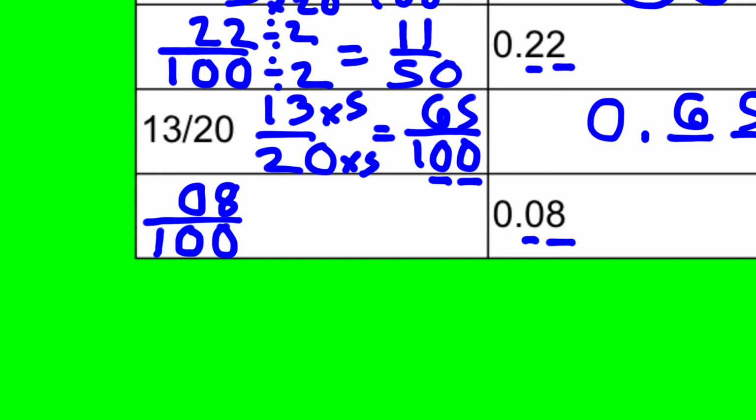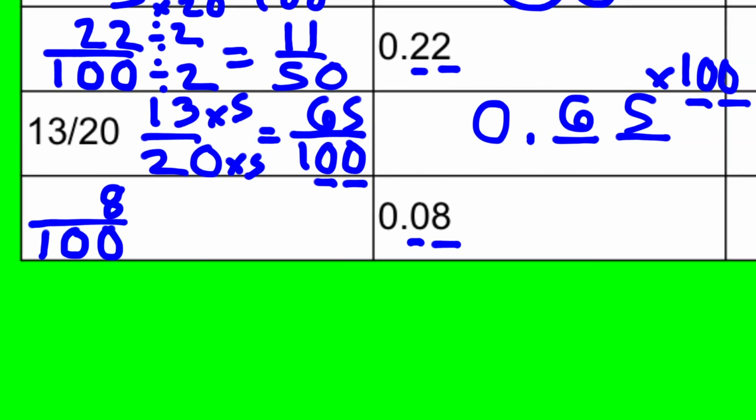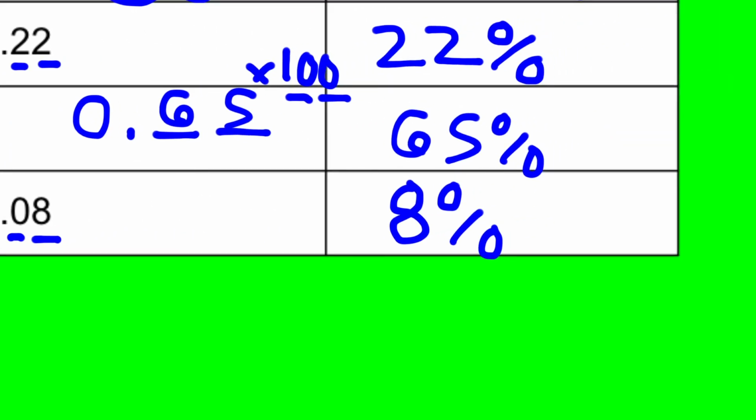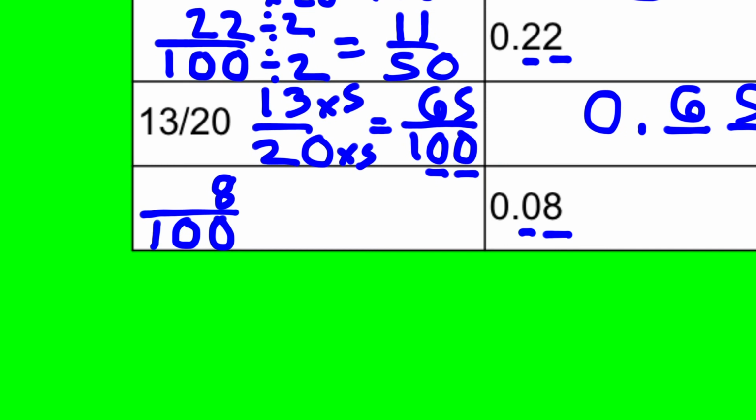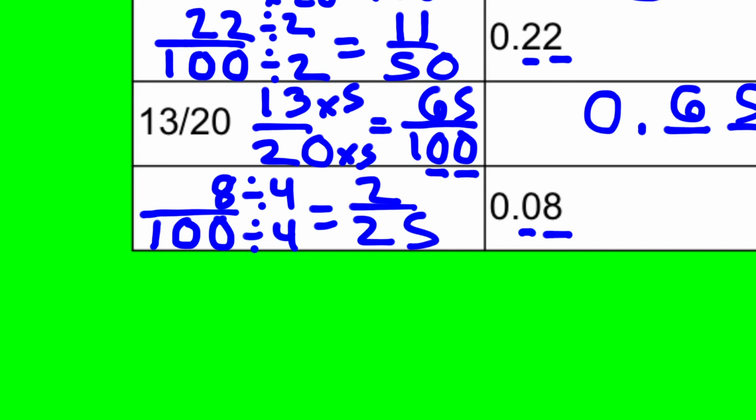But I'm not going to write the 0 there for 8. I'm just going to have 8. And there's my fraction. And look at that. That matches the percent, right? 8 out of 100 is 8%. Now I should still put this in lowest terms by dividing by 4. Divide by 4. And that's 2 over 25.